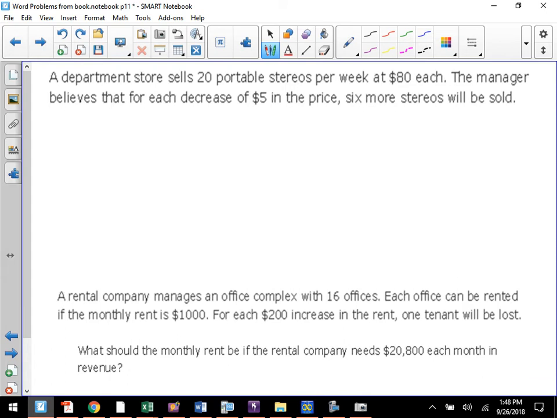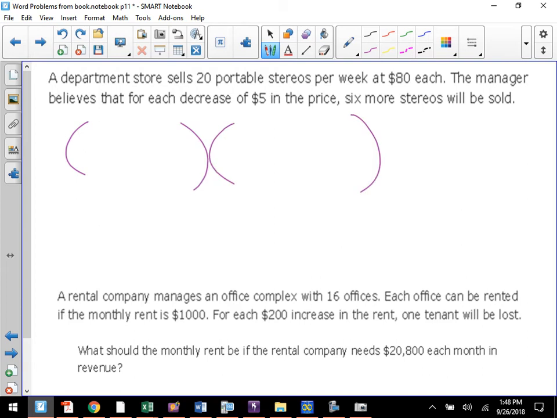All right, here we go, guys. Again, when you are doing sales figure style problems, it is kind of forcing you into intercept form. It says that you sell 20 stereos at 80 bucks. Those are your first two spots that you would foil.